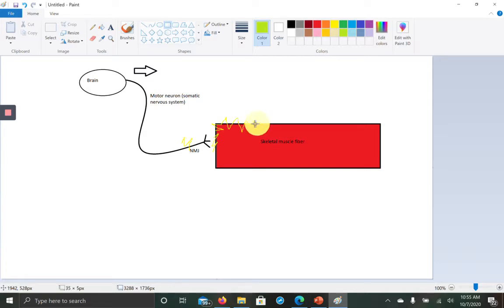Once it reaches a T-tubule, it's going to be able to travel inside the cell, which is great because we need the T-tubule to tell the sarcoplasmic reticulum, which I'm drawing here in blue.